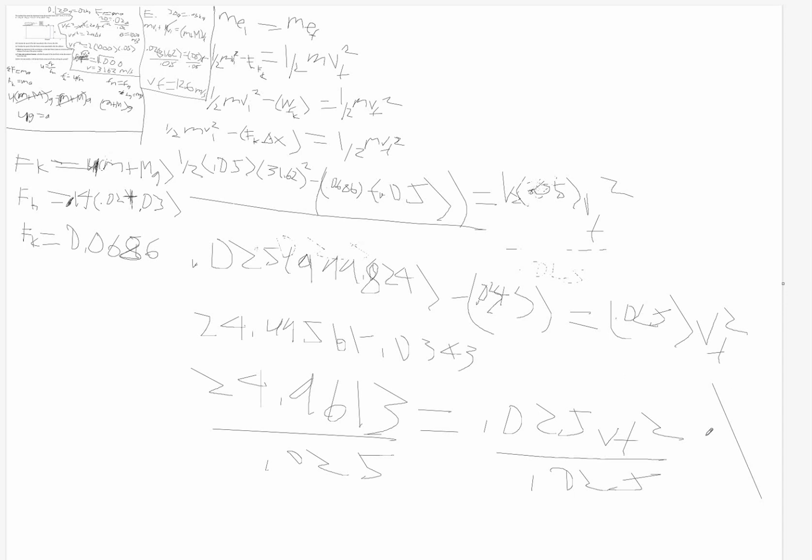You get 998.4524 equals vf squared. Square root both sides.